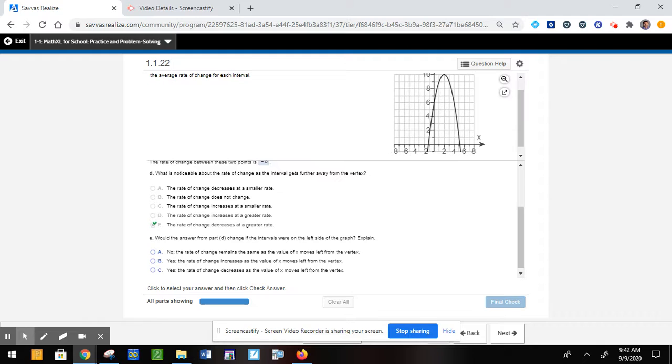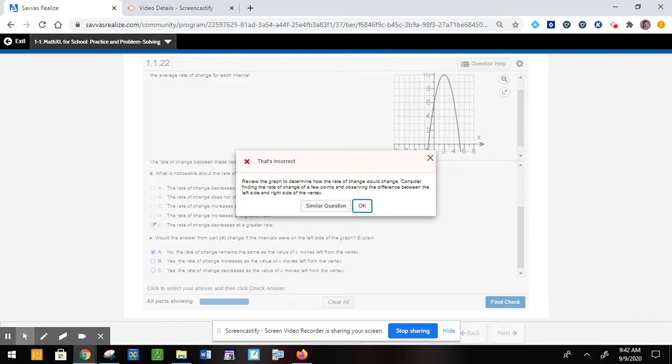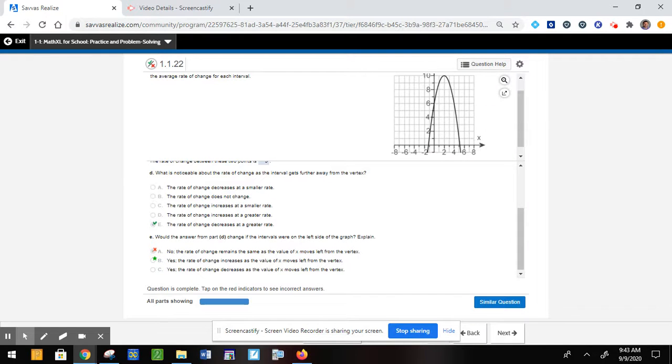All right. So would they change? No. The change remains the same as the x value moves left from the vertex. Oh, okay. All right, so I'm just interpreting the way the question was asked differently.